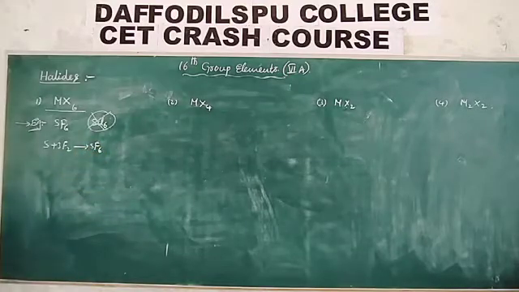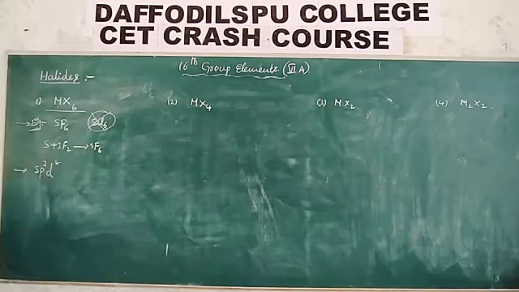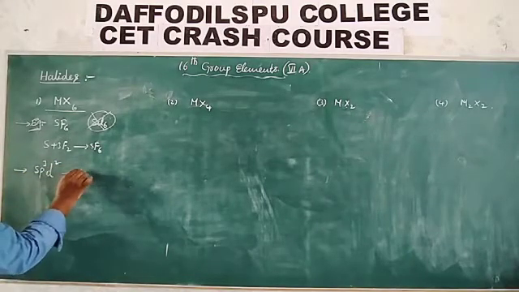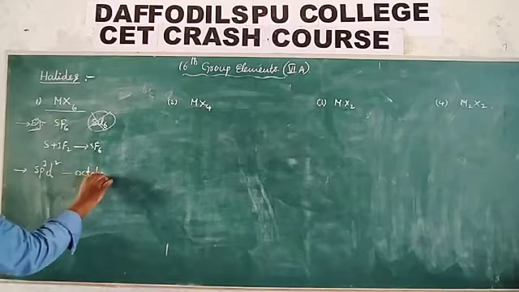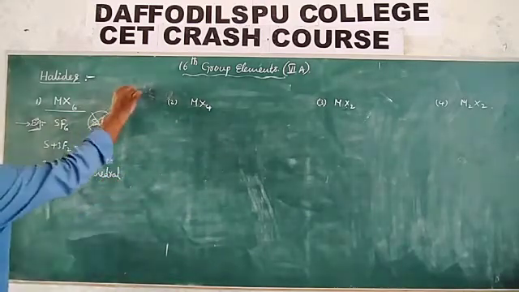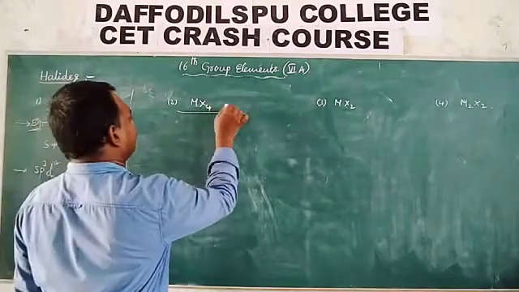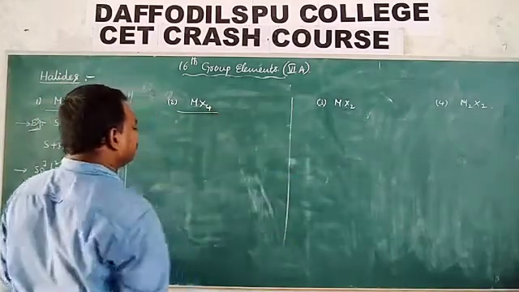You will get SF6. In SF6, sulfur is in sp3d2 hybridization. The shape of the molecule is octahedral. These are the main points of MX6 type of halides. Now come to the MX4 type of halides.